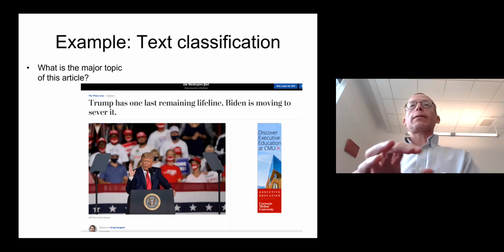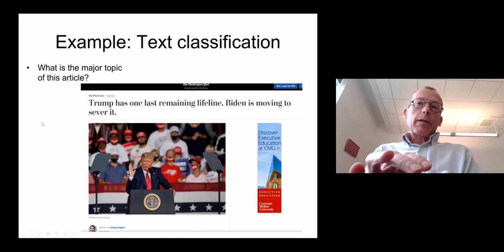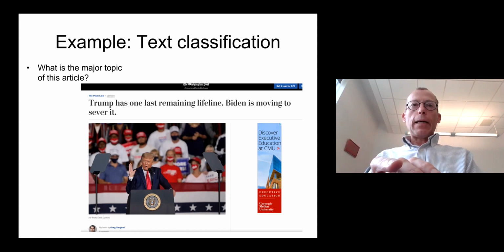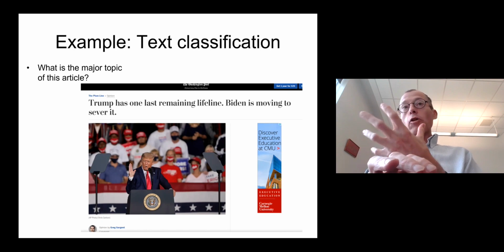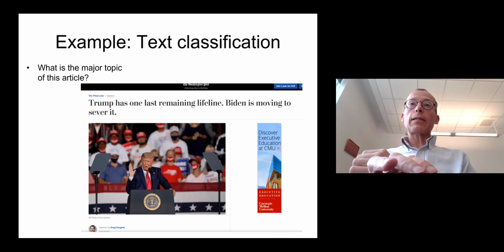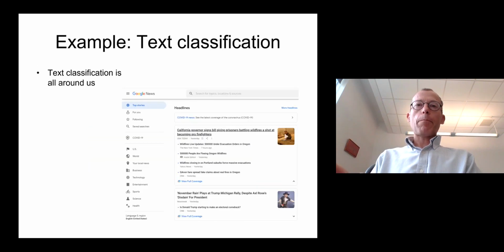Of course, for us, it's clear that this is an election article, but for an algorithm, the question is, how would an algorithm be able to handle such a document and actually correctly infer the class for this document?